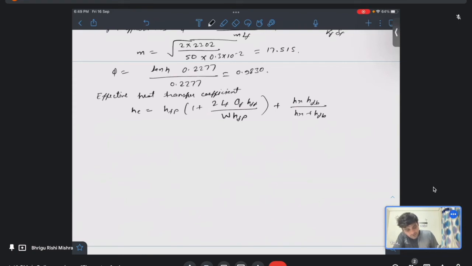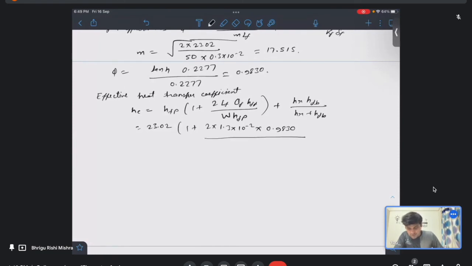So if we put all the values, HFP is 23.02, 1 plus 2 into 1.3 into 10 to the power minus 2 into 0.9830. Remember we have considered that HFP and HFF are equal, so these two will get cancelled out.